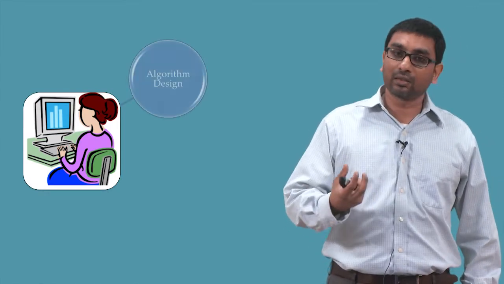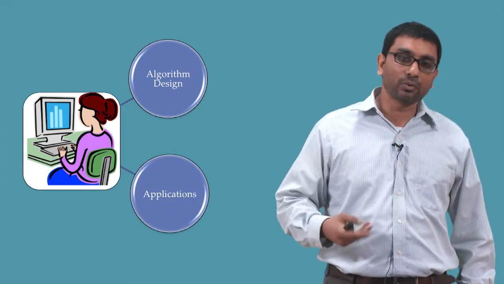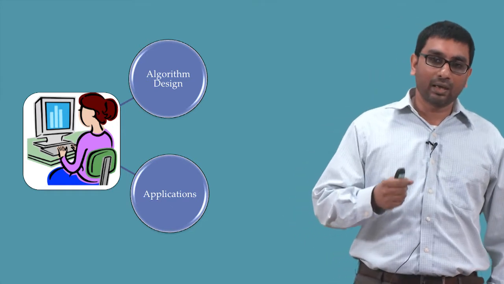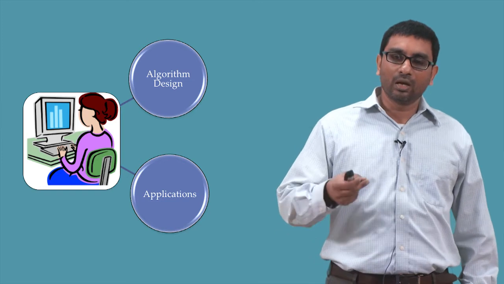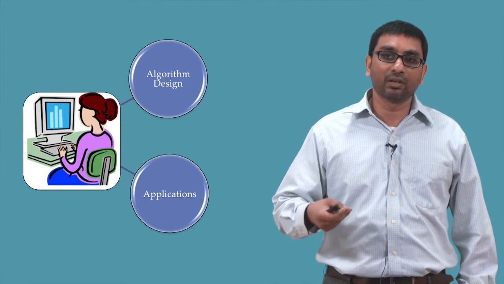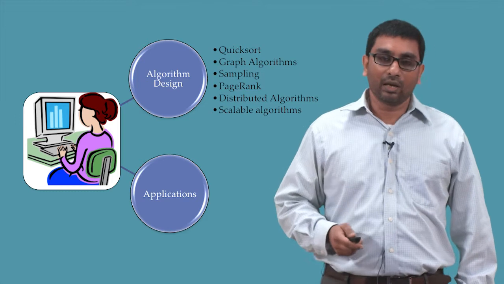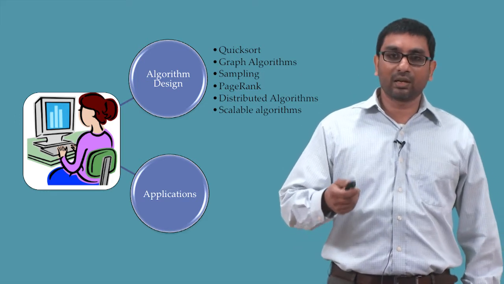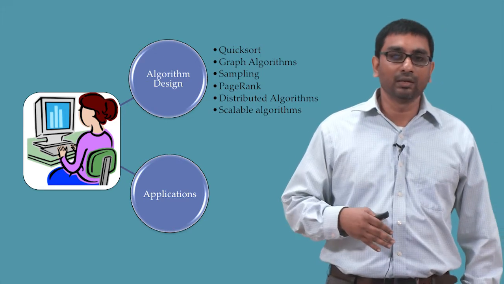Broadly speaking, the impact happens at two levels. One is at the algorithm level, and then at large scale applications level. Our focus is going to be more on the algorithmic level. So, we are going to talk about how probability, in particular randomization techniques, help with very fundamental algorithms like quicksort and so on. And you will notice the list there includes things like PageRank, which had quite a bit of impact in industry.